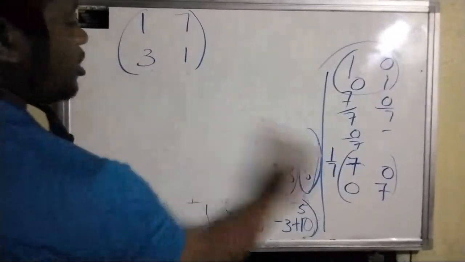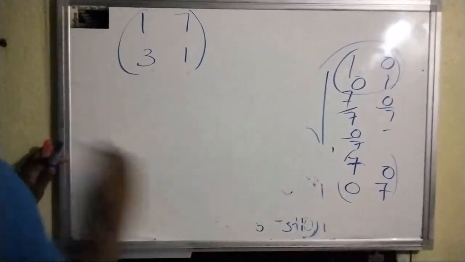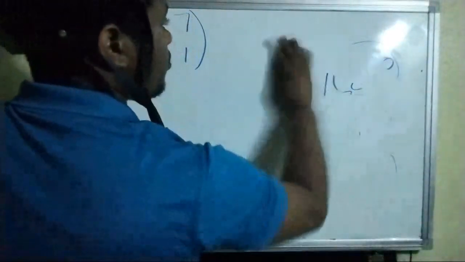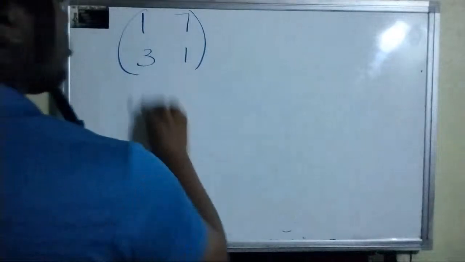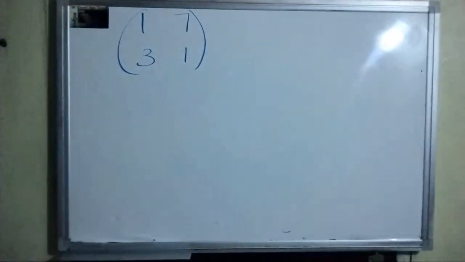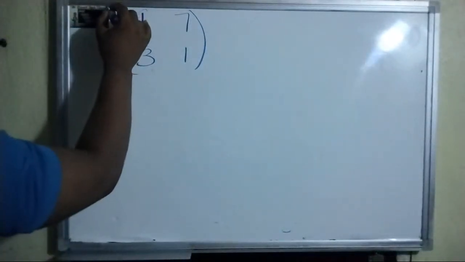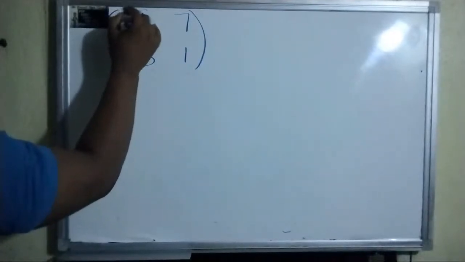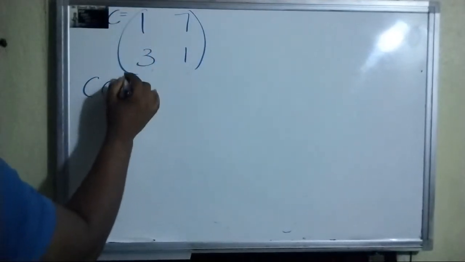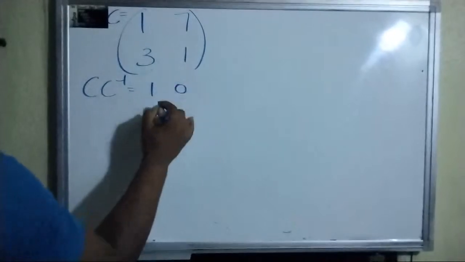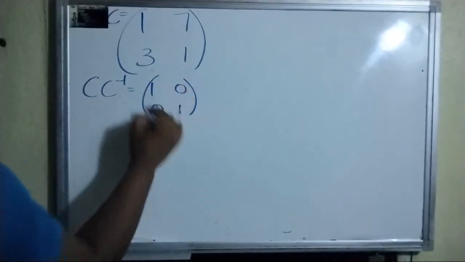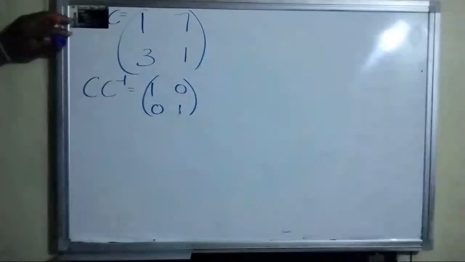1731. Alright. I hope it's this way, I mean. So guys, this is not Mr. Bennett question. Just testing it to see if it works. Alright. So we could call this one C. So C times its inverse is supposed to give it 1, 0, 0, 1, which is known as the identity. So let's just find the inverse.